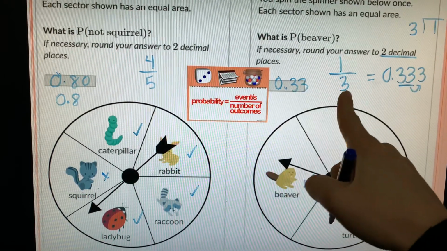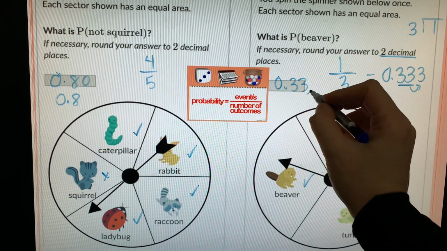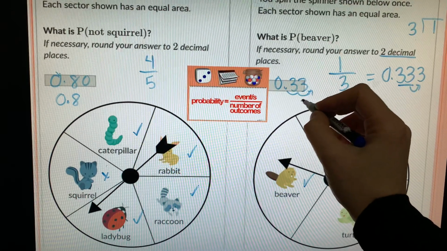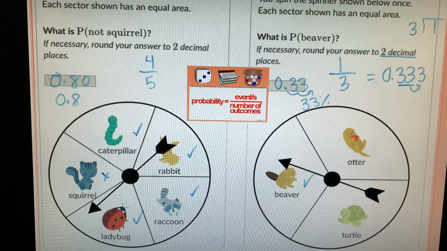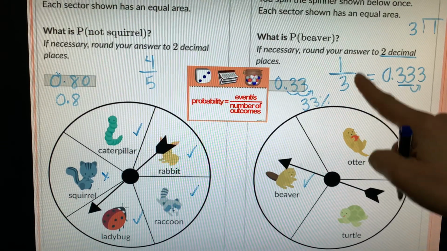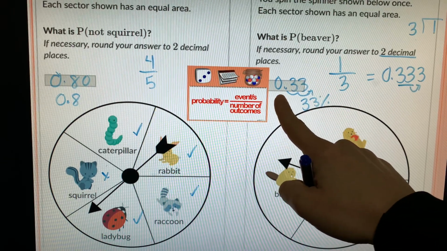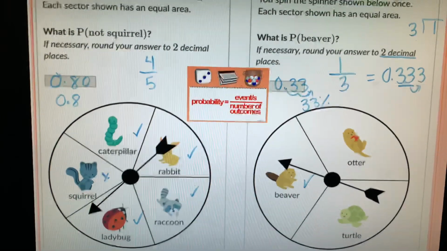So I have my decimal, my fraction, and I say percent. Just remember, all I have to do is move it 2 places to the right. So this has an equal percent of 33%. So those are my chances here. Again, I start with my fraction form, and from there I turn it into a decimal, and from a decimal to a percent.